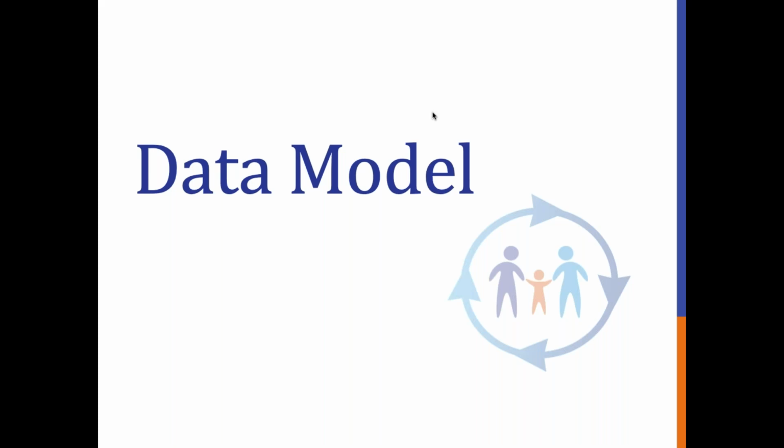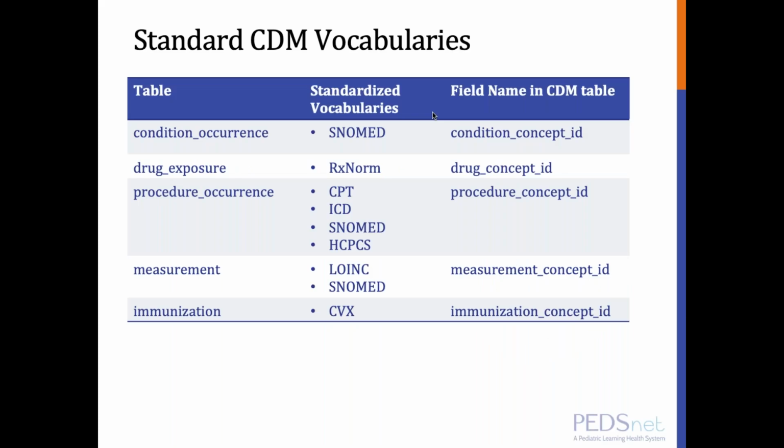All right, so I'm going to throw an important concept out there that'll come through in the later sections. Remember, I was talking about the data model standardizing representations, and Connor finished by talking about standardized vocabulary. So what the CDM prescribes is that in the database, you will only ever see a standardized vocabulary. So if we go back to the previous slide, what that says is the standard vocabulary for condition occurrence, for diagnoses, is SNOMED.